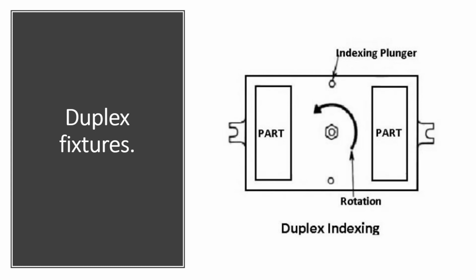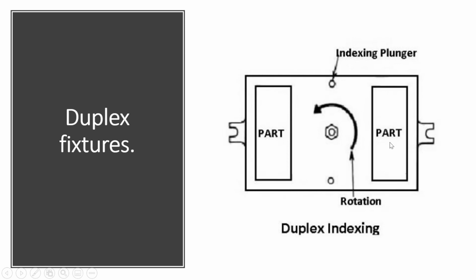Next is the duplex fixture. For continuous fast production in the machine shop, duplex type indexing fixtures are used, where operations are performed on one side of the fixture.